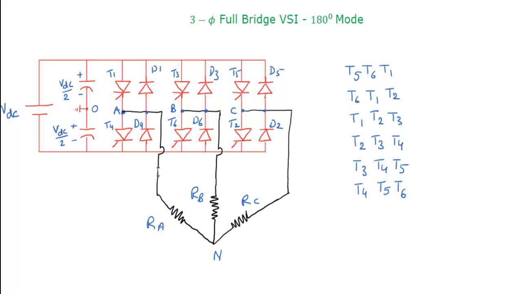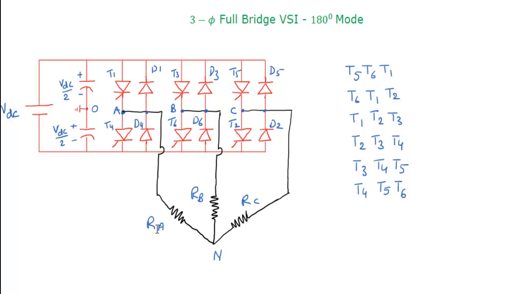For simplicity, we are going to discuss with the help of resistive load only. Why only resistive load? We already concluded in the single phase system that the output voltage waveform will not depend on the type of the load, only the current waveform will be different, but we are not going to discuss the current waveform. Mainly we are focusing on the output voltage waveform.